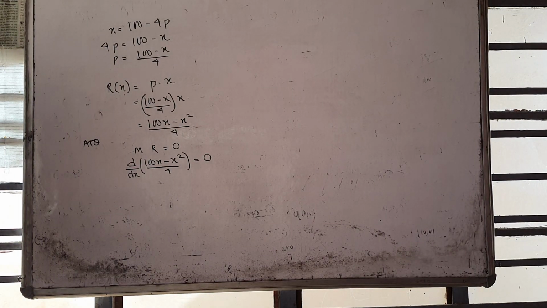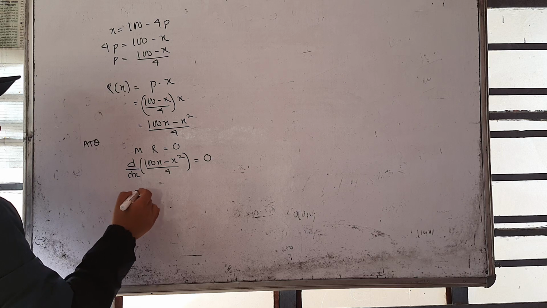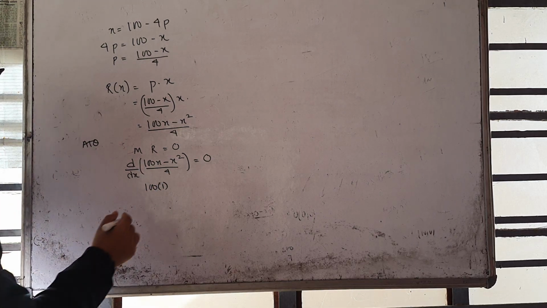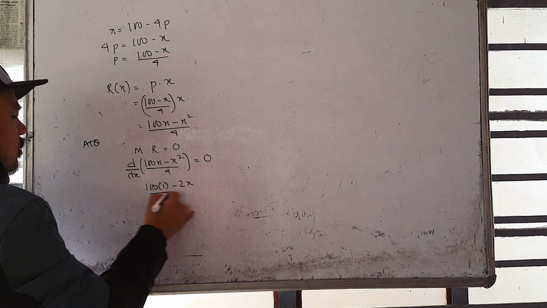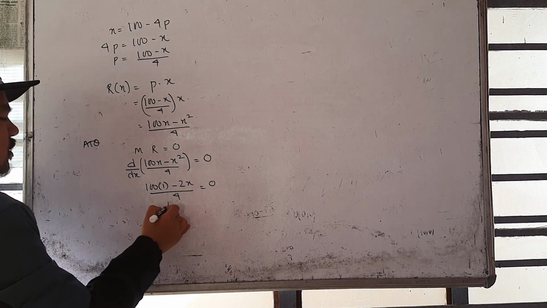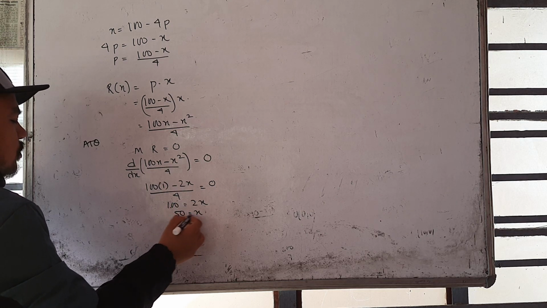Is it clear, everyone? Shh, please pay attention. So differentiate this, please. 100. What's the derivative of x? 1 minus x square divided by 4. So 4 comes up and becomes what? 0. So what are you getting? 100 equal to 2x. X equal to 50.